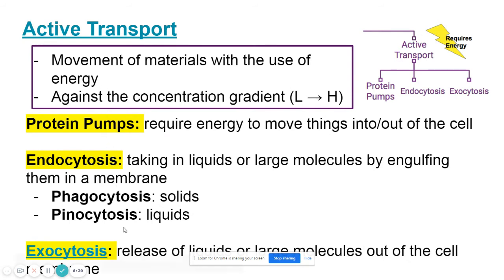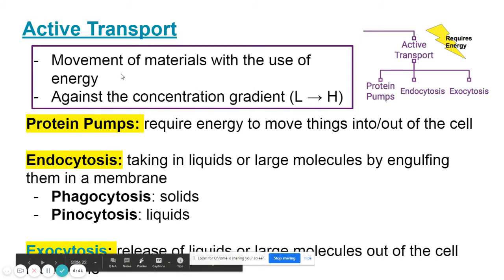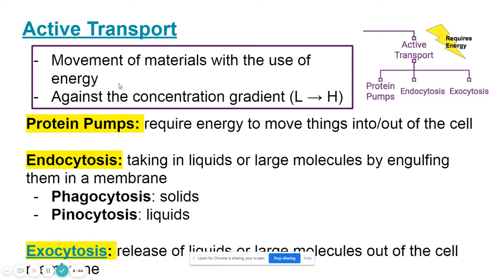So there are different mechanisms of active transport. The first is using protein pumps. Protein pumps basically require energy to move things in and out of the cell. Specifically, protein pumps will be involved in moving ions, which you remember as being charged atoms.